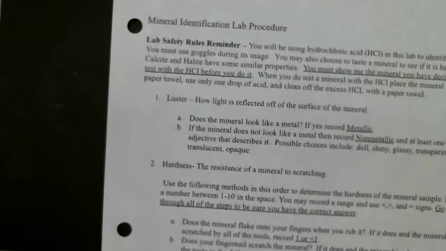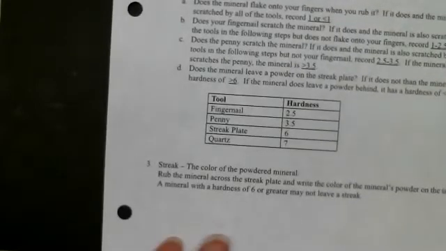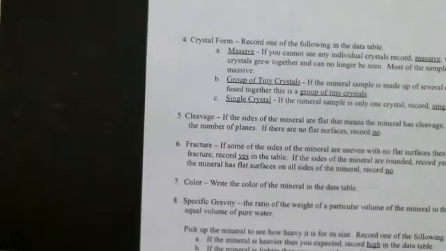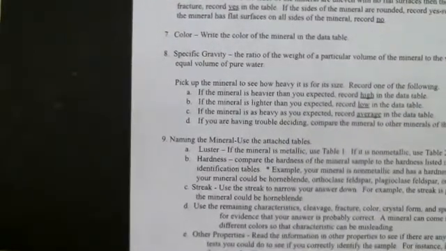We're going to start with luster, and then we're going to do hardness, streak, crystal form, cleavage, fracture, color, specific gravity. And then we're going to use a table of information and identify the mineral.